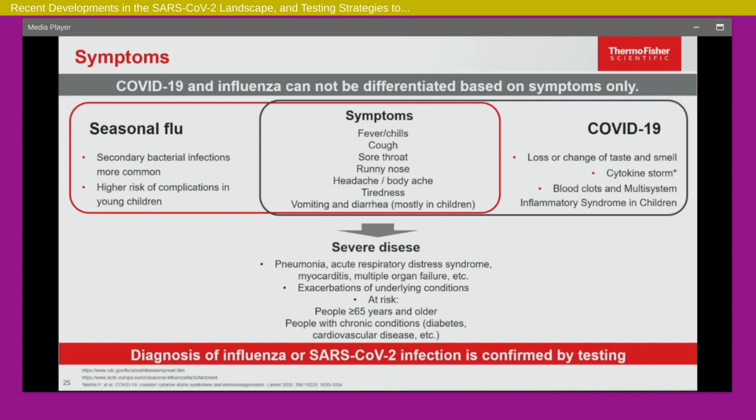And because of all the inflammation, you would also have blood clots and a situation of clotting. So these are some of the slight differences, but for the majority of people, the symptoms are quite overlapping. It is very difficult to tell on symptoms alone whether you have COVID or flu.